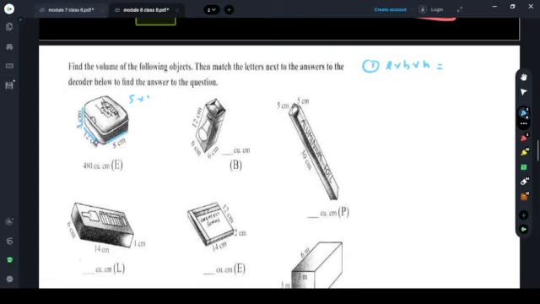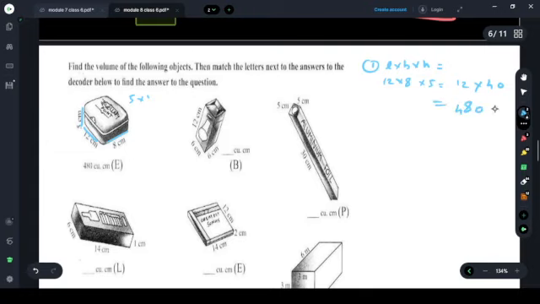You have to write what is L, what is B and what is H. L equals 12, B equals 8 into 5, equals 12 into 40, 480 centimeters square.